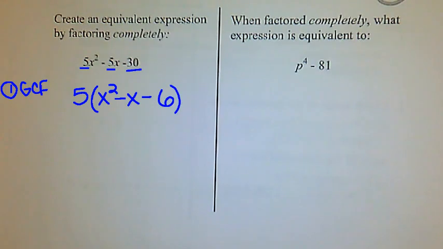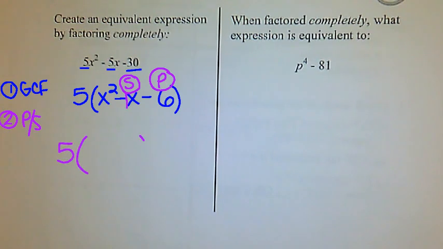Now I'm going to ask myself, so this is a trinomial, right? So I'm going to use my product sum. What multiplies to negative 6 and adds to a negative 1? Remember, there's a 1 right there. So keep that 5 out in front.